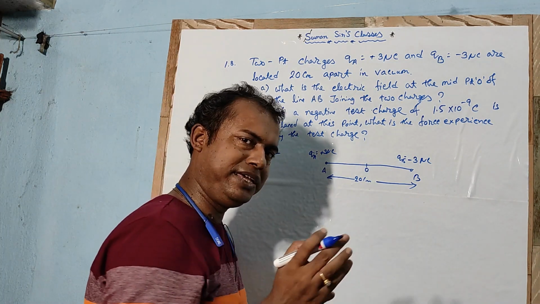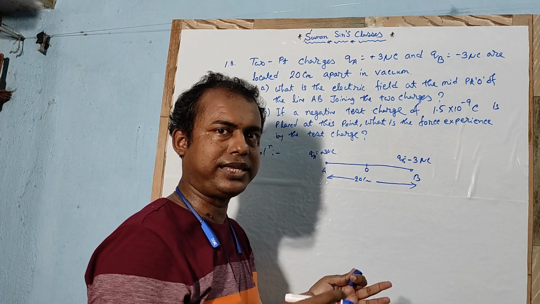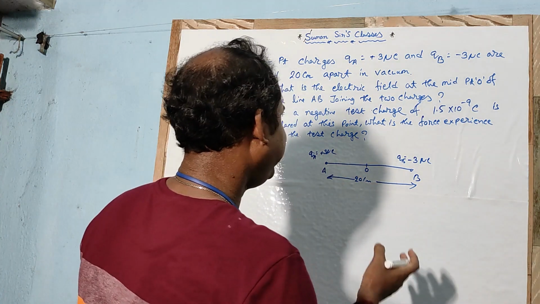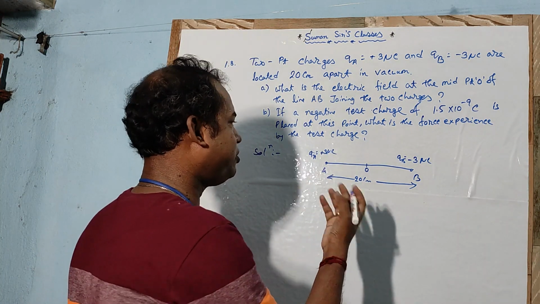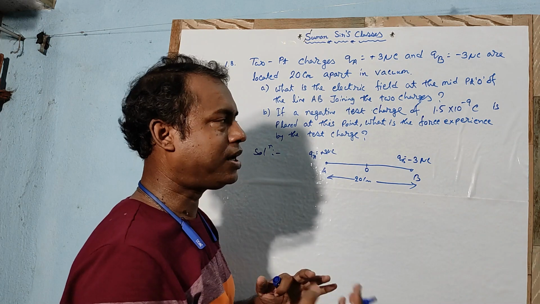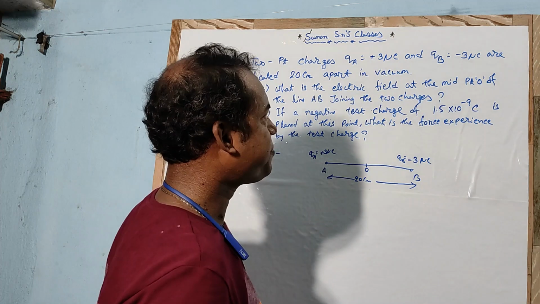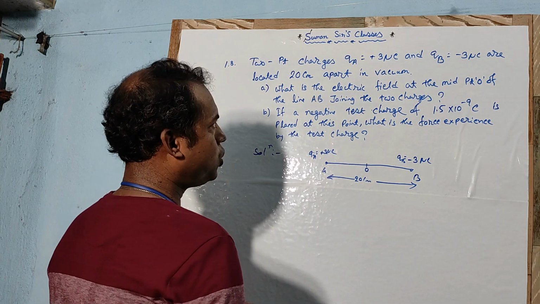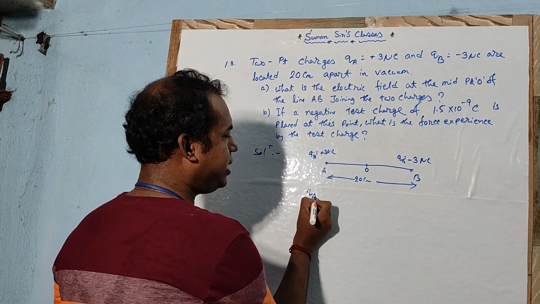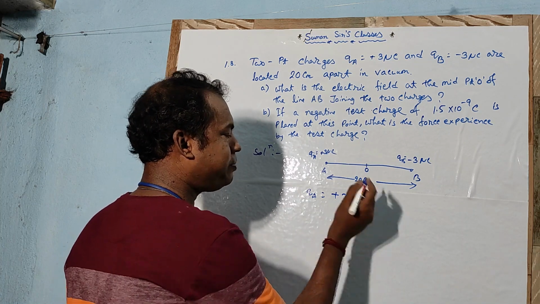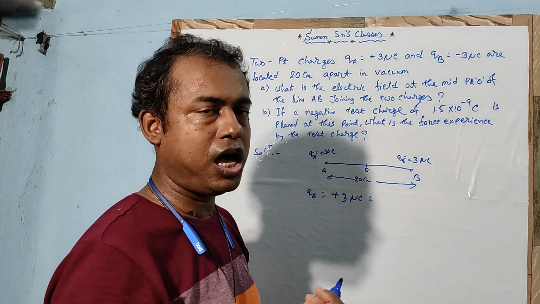In my previous video we discussed what the electric field is and in what way you can find it out. Now in this numerical problem, we can describe the process for measuring the value of the electric field. Let's start. QA is given as plus 3 microcoulomb, first converted into coulomb.